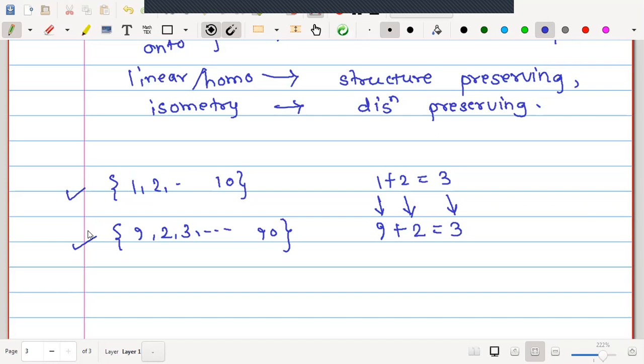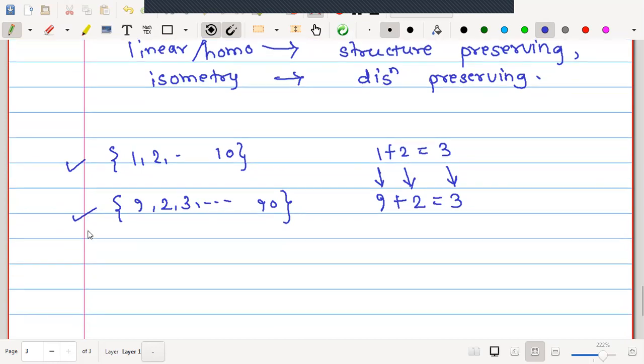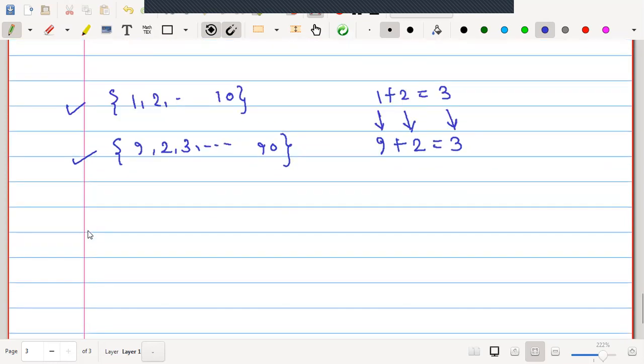Similarly, suppose I give you a daily life example of homomorphic and isomorphic. Suppose we have one person. If we take his photo, then that photo is homomorphic to the person, because the correspondence is not one-one. But for isomorphic, for every person you should have a clone, and that clone is isomorphic to the person.